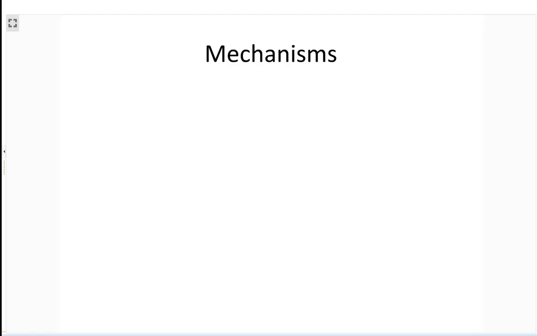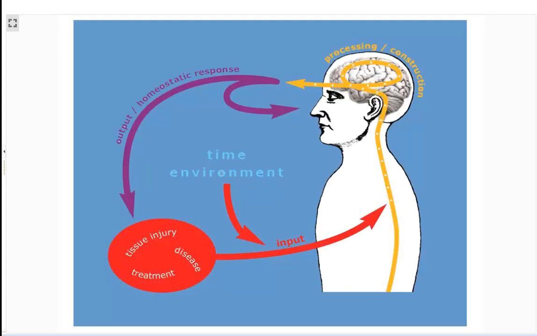So mechanisms have been described, and I think it's important to think of this neuropathic versus neuroplastic versus nociceptive point. These mechanisms have been described by the Neuropathic Pain Special Interest Group of the International Association, based on the idea that pain is an output.